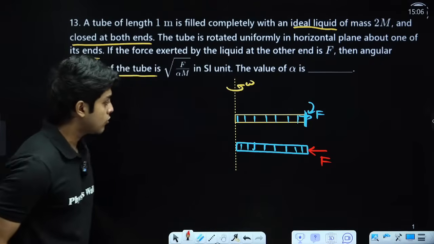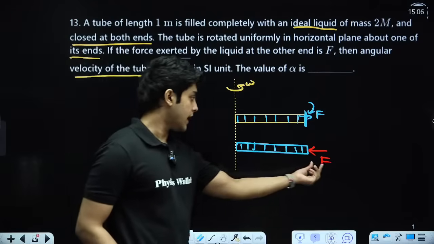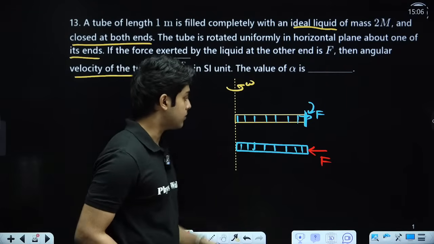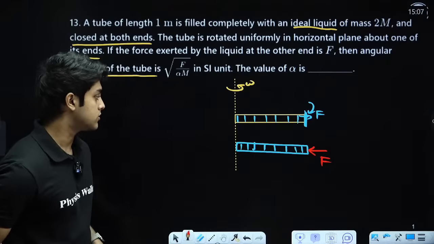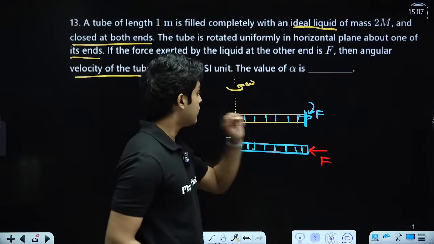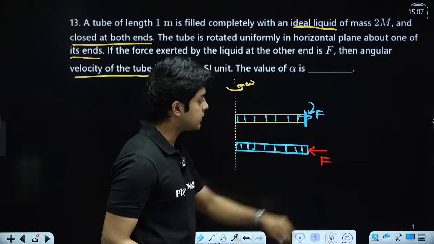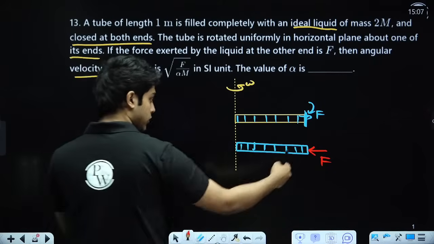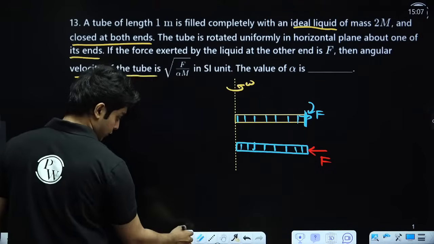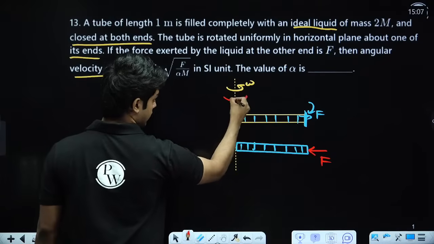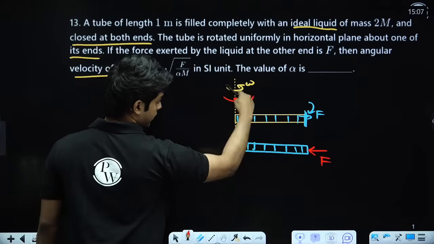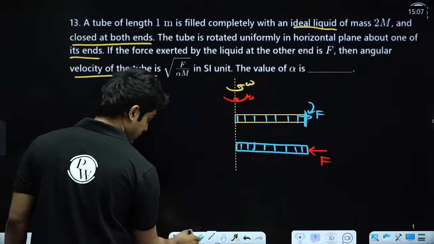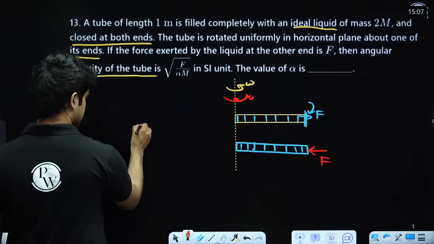Now, this is the only external force other than mg and normal, but mg and normal are not important to us. We are only interested in the horizontal plane motion. So this force F, if I look at it from the top view, from the axis, and look at the fluid body, let's say this is the axis.